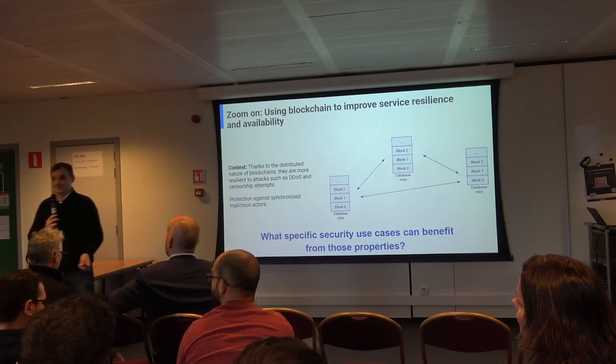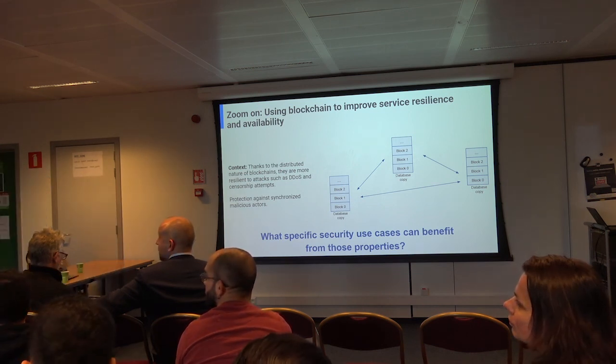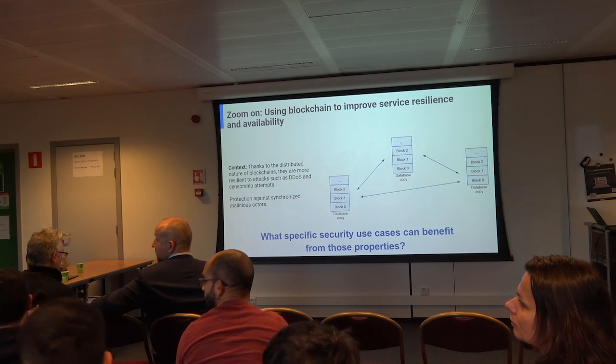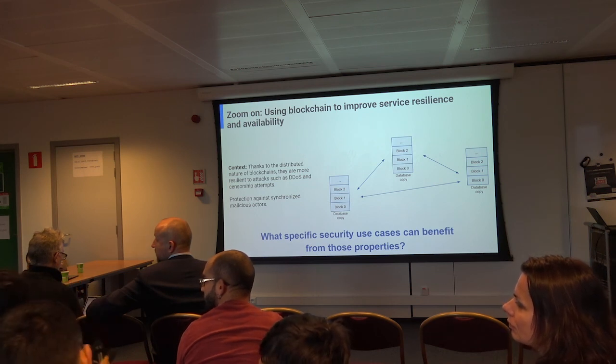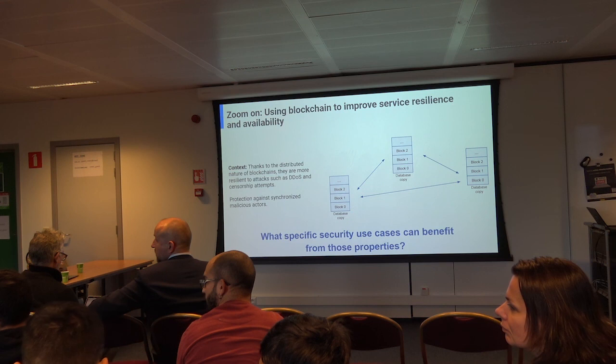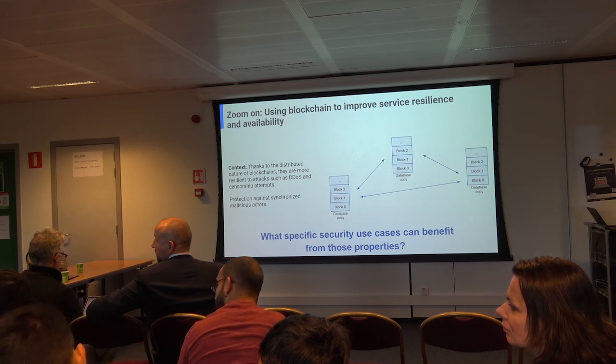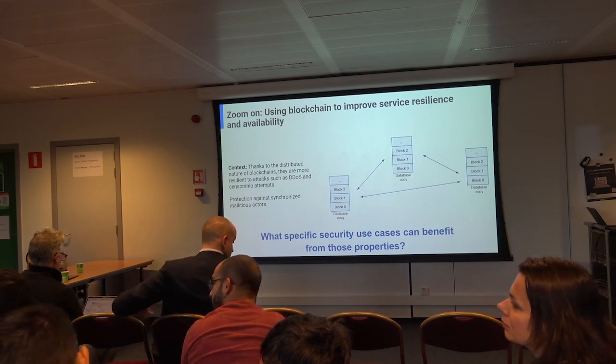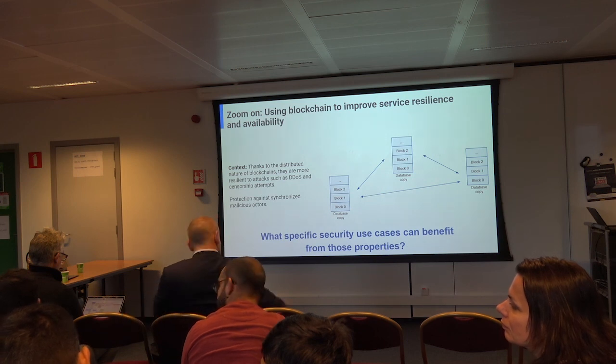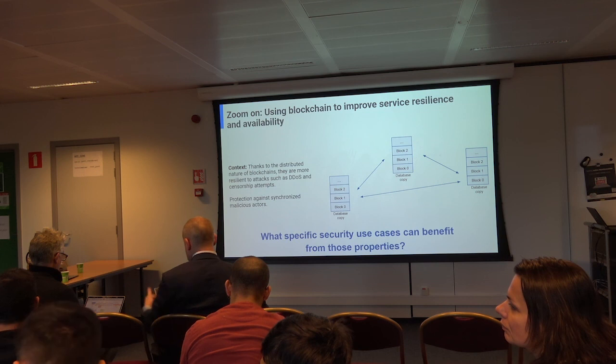Are there cases? Or is this just a nice feature? I think the most used example is the one that I mentioned before, naming services like DNS and ENS, because they are small enough to be actually implemented in a blockchain.